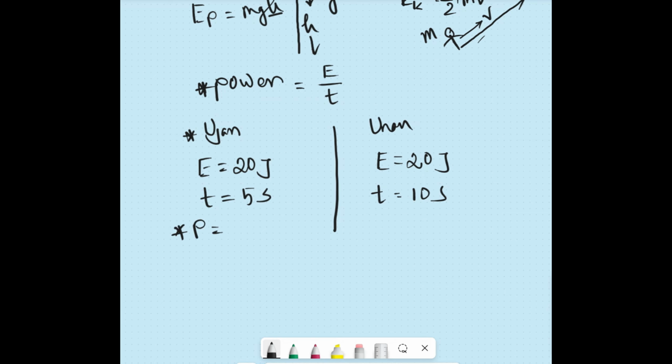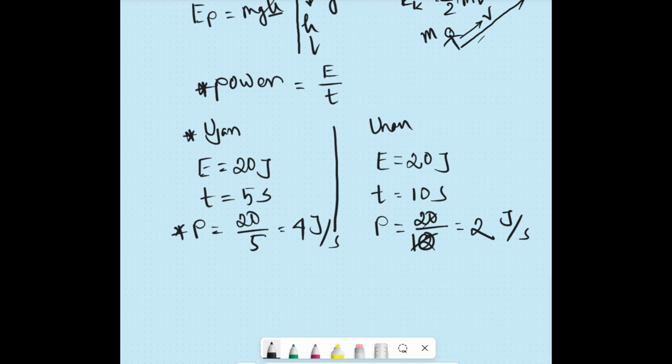Let's try. P is equal to 20 over 5, so it will be 4, and here P is equal to 20 over 10, so it will be 2. So the unit will be joule per second.